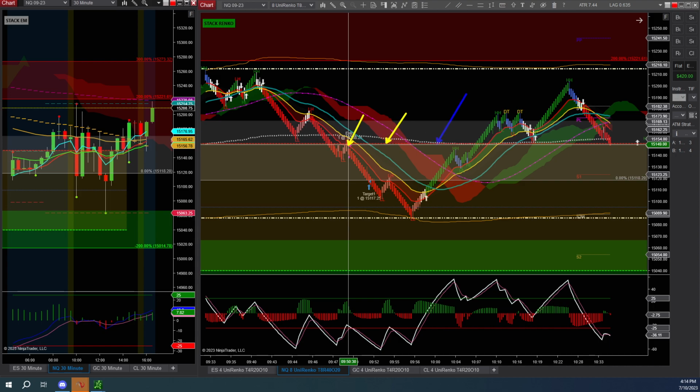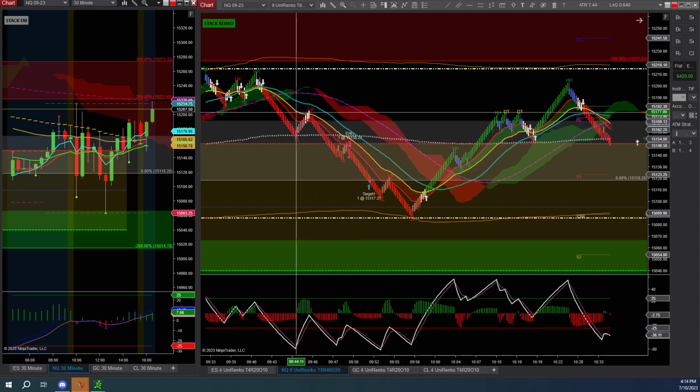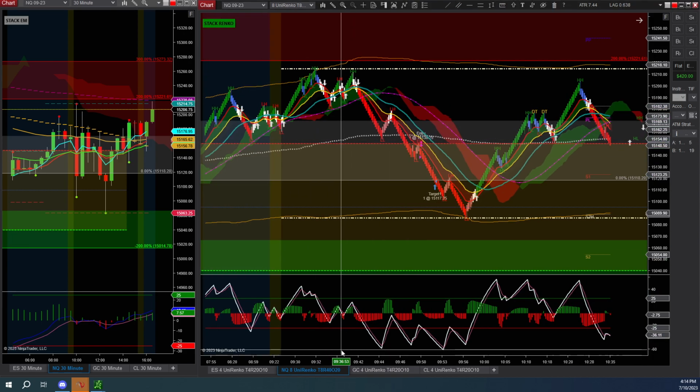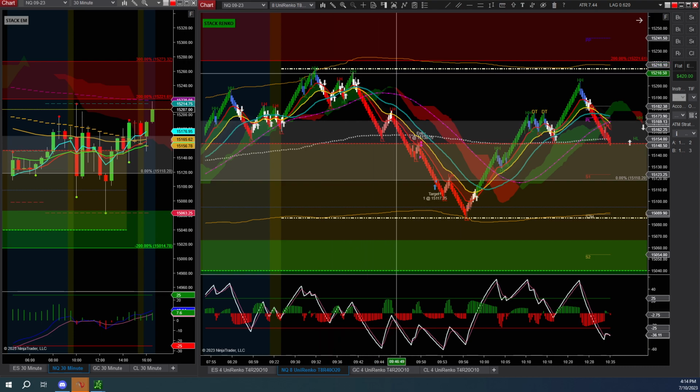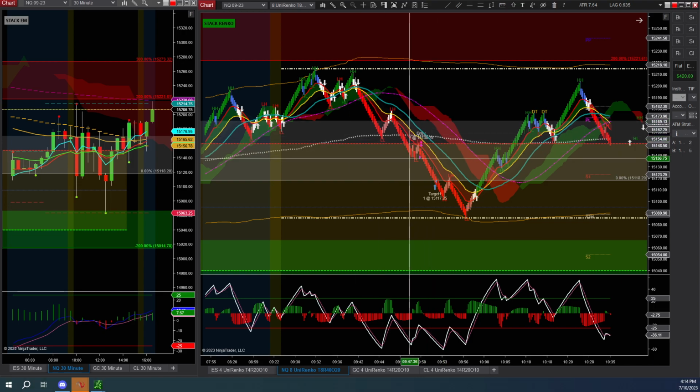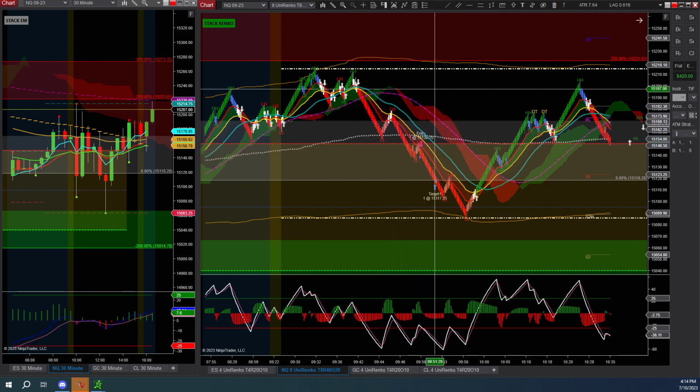So that red line you see there, that one is support. And then I was also within the 30 minutes opening range here, and above the VWAP right here. So all of those reasons made me think, okay, we are going to be chopping in this area here.